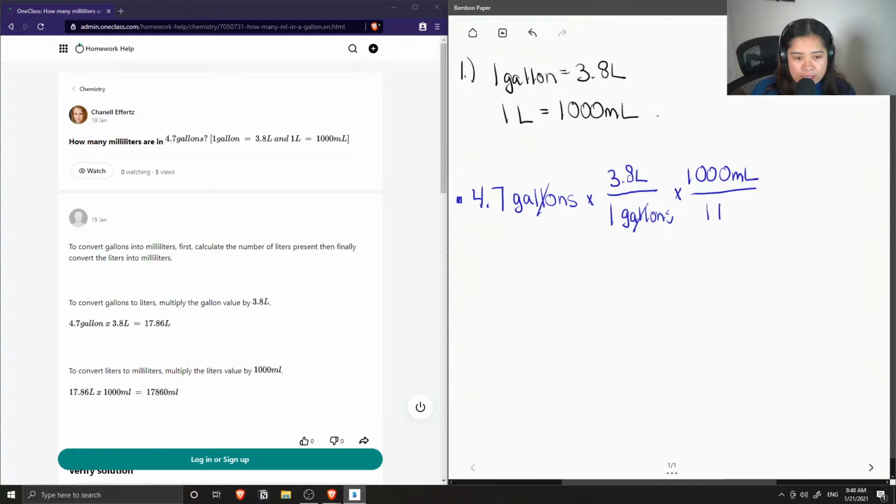So in this case, it's liters. And now we can multiply it all out. So 4.7 times 3.8 times 1,000 gives us 17,860 milliliters. We can say that many milliliters are in 4.7 gallons.